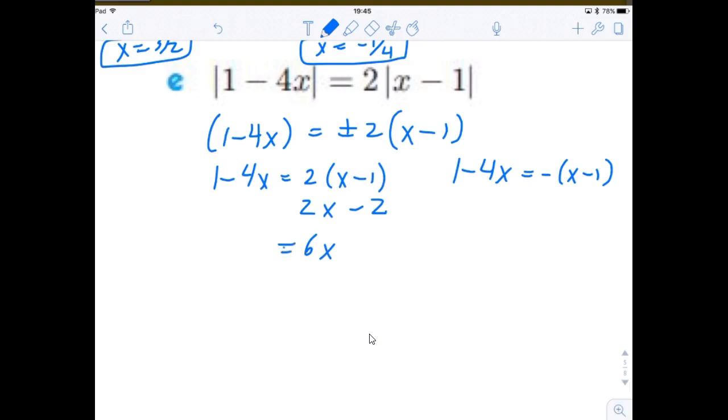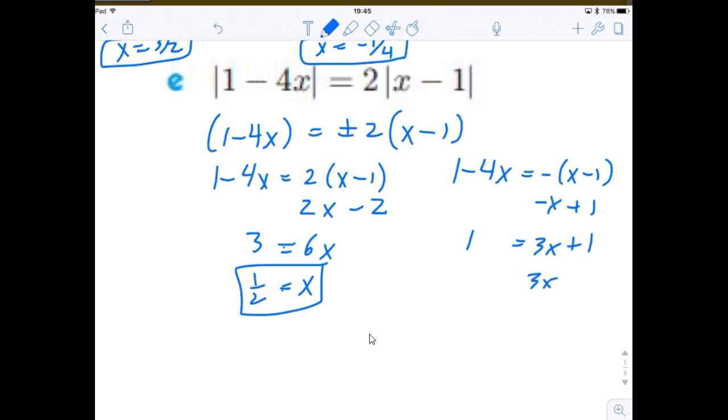So we'll add 2 to both sides. So x is equal to 1/2. Or, let's distribute the negative sign. And then we will add 4x to both sides. So we'll have 3x plus 1. And then we'll subtract 1 from both sides, and we'll get 0. So x is equal to 0 would be the other solution.